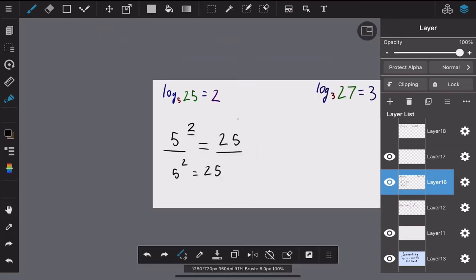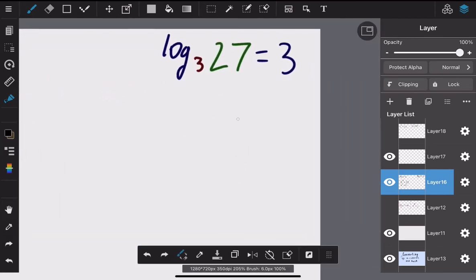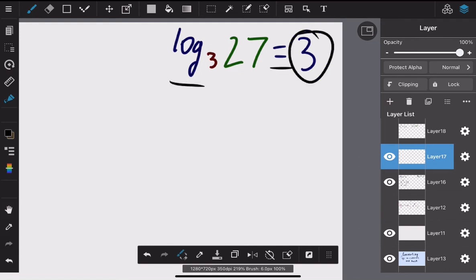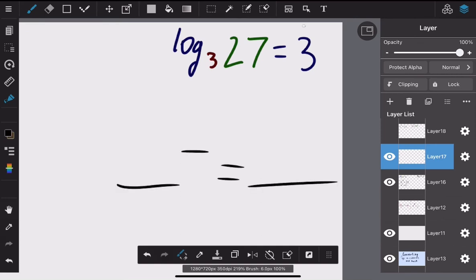Let's do one more example of converting from logarithms to exponential equations. So here we have log 3 of 27 equals 3. So what's the first thing we need to remember? Log equals exponent. So our number 3 is the exponent, so I'll set up another blank equation, and our 3 is our exponent, so it's going right here.